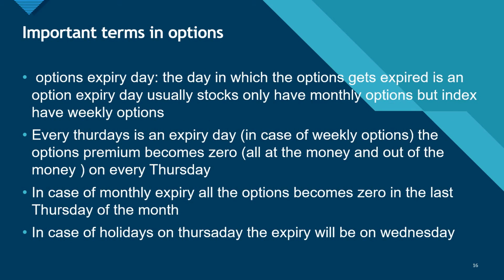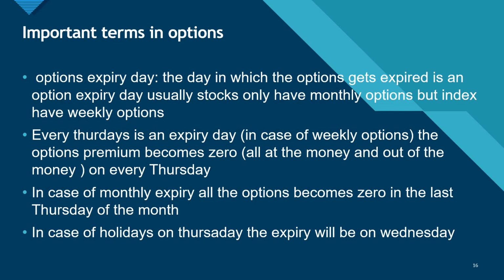And options expiry day. Every option expires worthless at the expiry day. So there are two types of expiries. One is weekly expiry, the other one is monthly expiry. In stocks, you don't have weekly expiries, you only have monthly expiries.